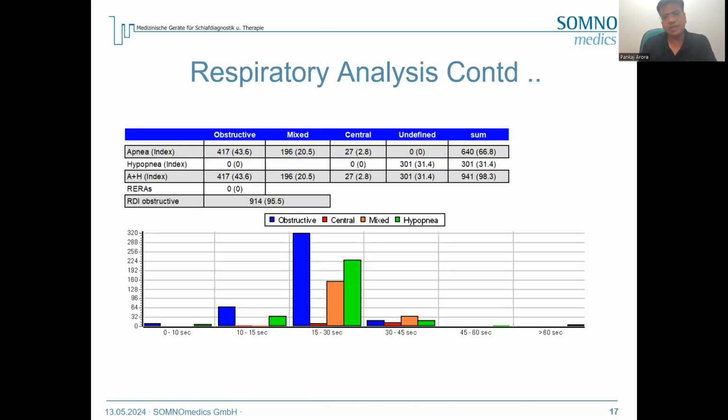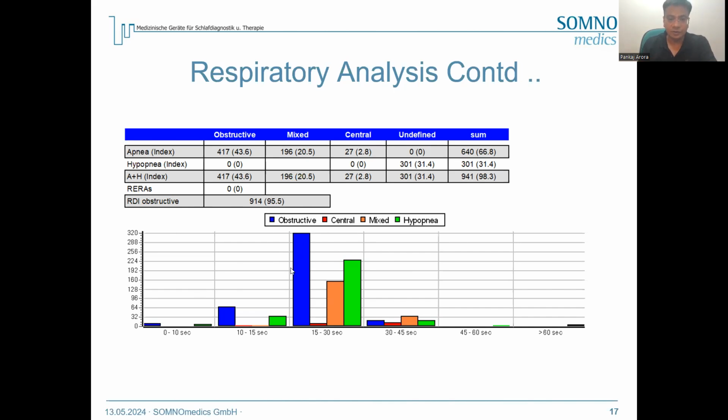So now again, respiratory analysis continued. This will also show you a graphical display. In the first scan itself, you will be able to know whether he is having more obstructive sleep apneas or more hypopneas or mixed apneas, and how many times.